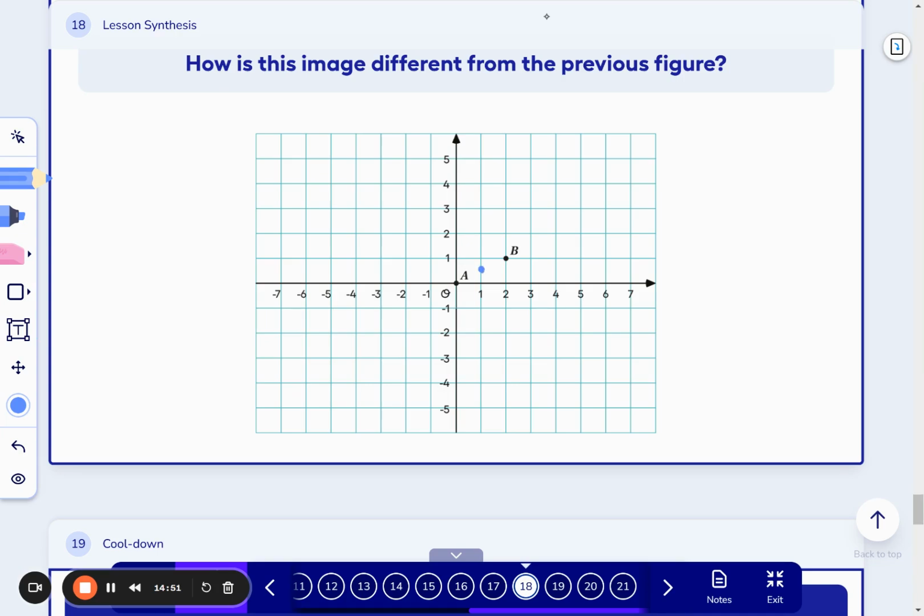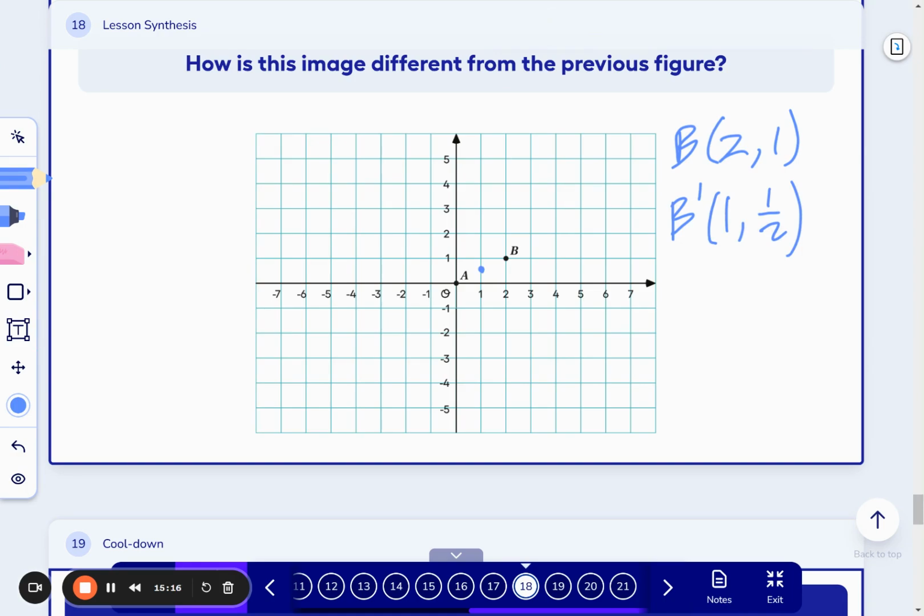Instead of out 2, up 1, it's out 1, up a half. So this would be 1.5. So B was 2, 1. B prime was 1, 1/2.